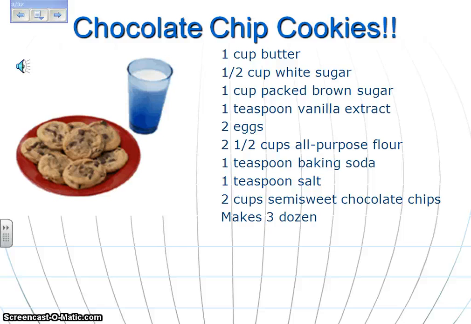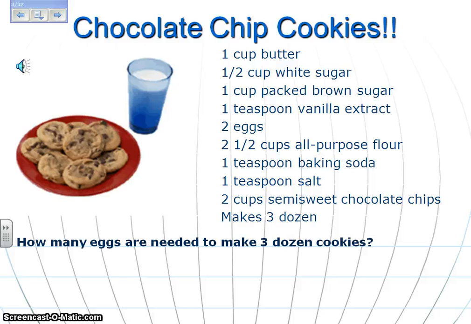So we want to look at chocolate chip cookies in order to help us understand stoichiometry. So here is a standard recipe for chocolate chip cookies. While I'm using chocolate chip cookies as an example, I'm not condoning the consumption of chocolate chip cookies. So if we wanted to look at how many eggs are going to be needed to make 3 dozen cookies, we can easily set up a unit multiplier.